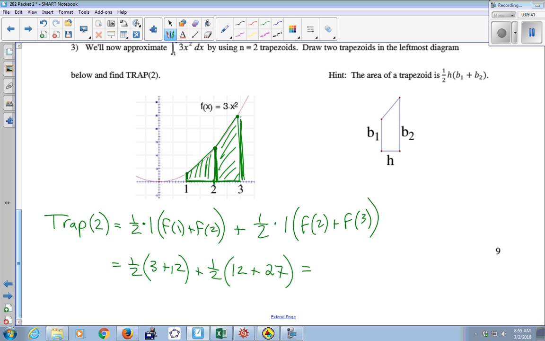All right, so this is 1/2 times 15 plus 1/2 times 39, which is 7.5 plus 19.5, 27.